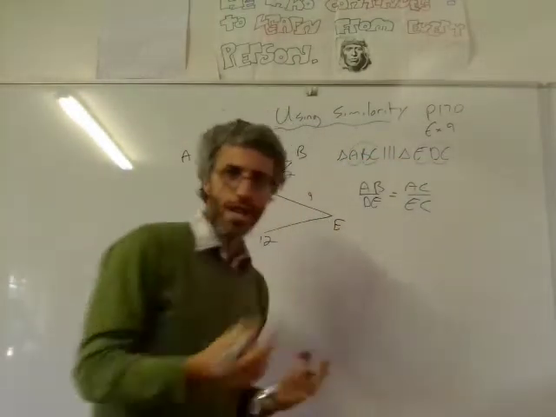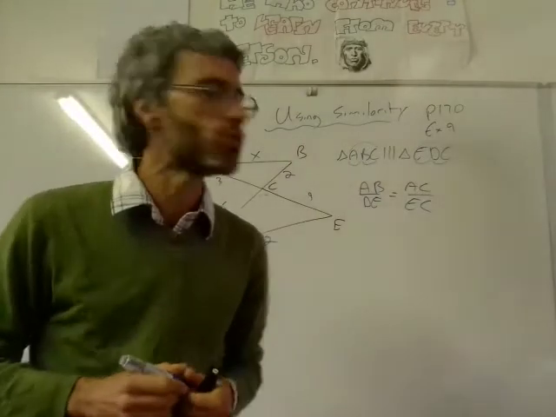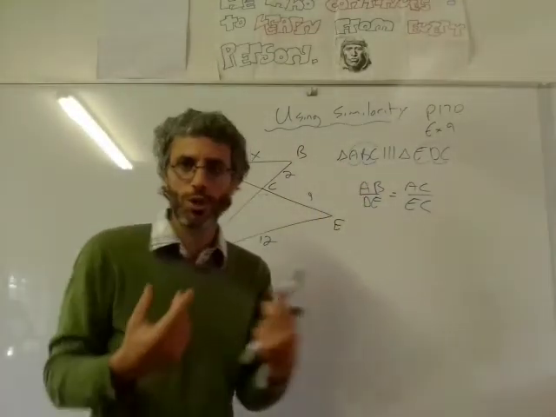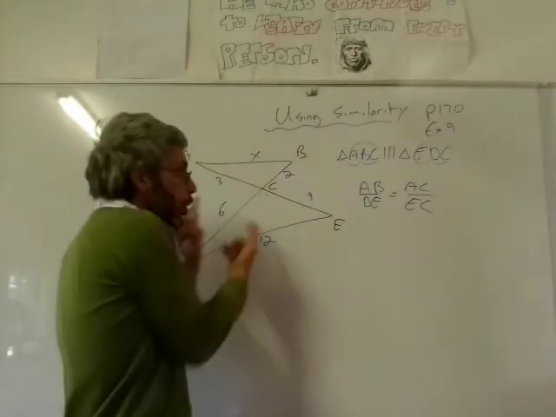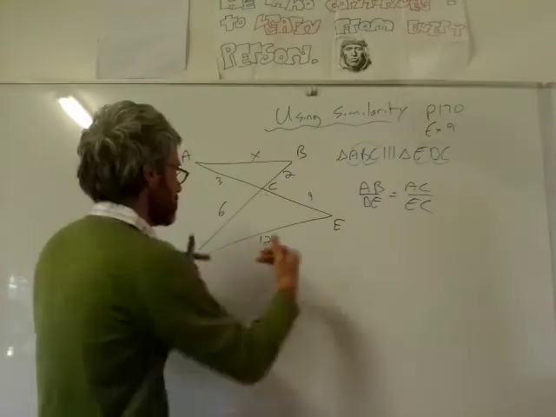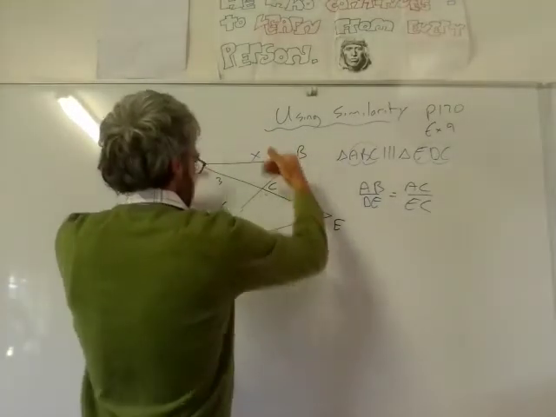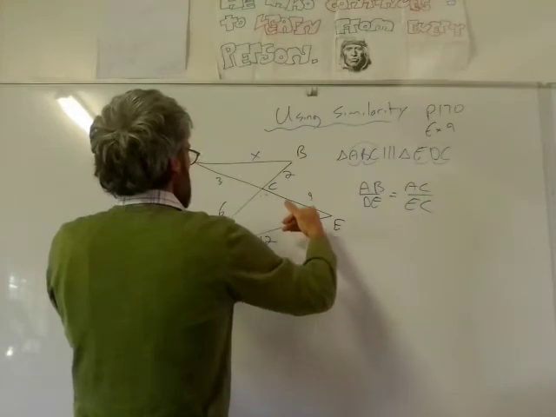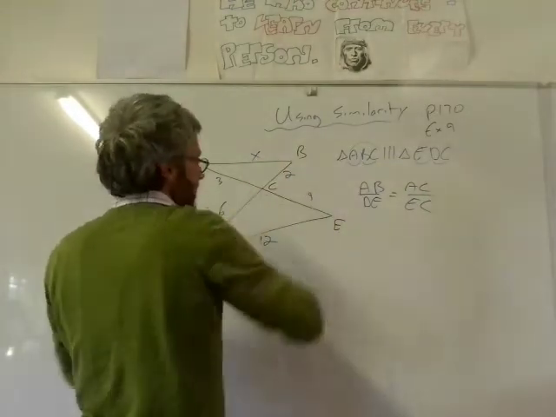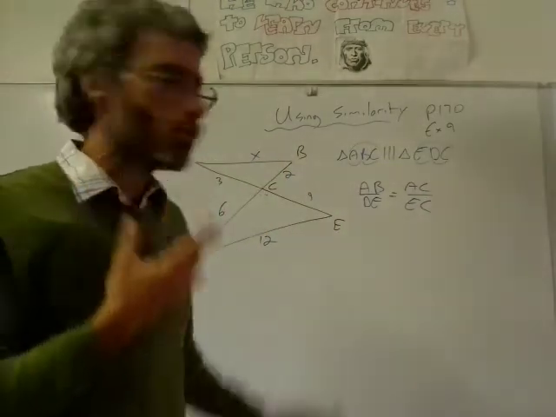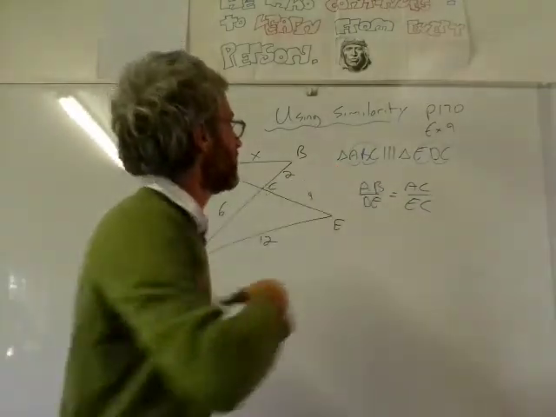Can you see? The ratio between corresponding sides must be equal. How do I know which one is the corresponding side? I can either look visually at the triangle and say that divided by that must be equal to that divided by that. But I think it's easier if you just read the information from here.